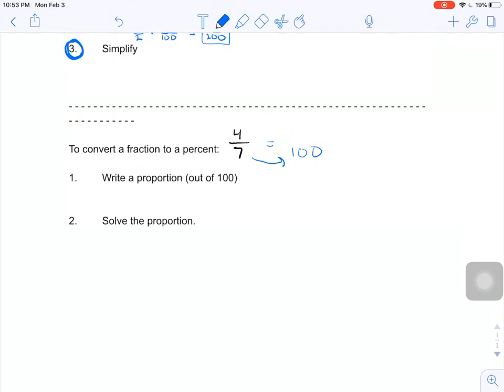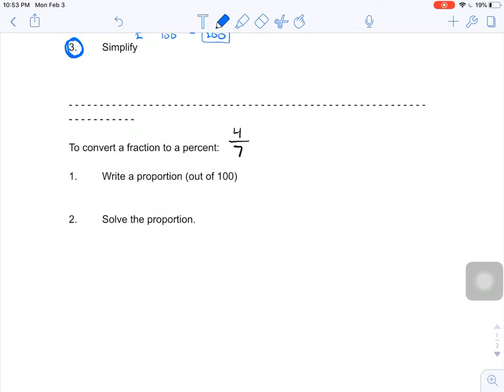So rather than thinking of it that way, which is how we were doing it before, we can put to work some things we've been learning about proportions. So we know that we want to take this 4 out of 7 and we want to make it into a percentage out of 100. So we know we want to rescale it, we're just not sure how to do that.